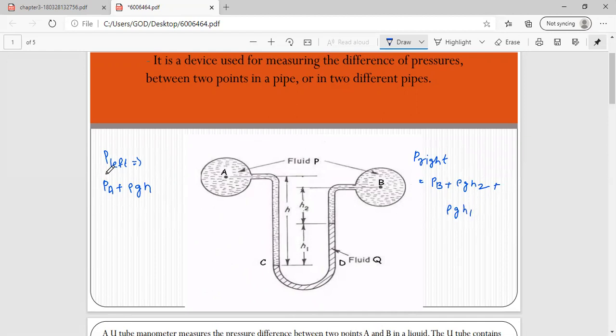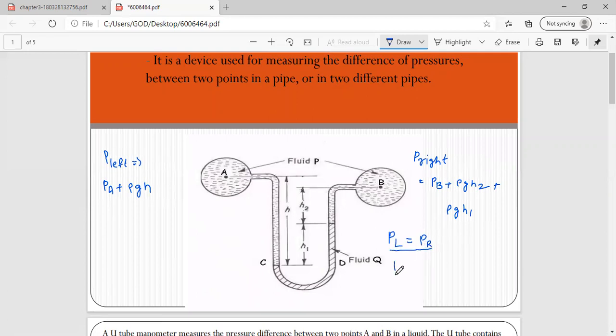If we equate the left limb and right limb, and you know the properties of the fluid and the height of the manometric fluid, then we will get the difference of pressures. So the pressure in the left limb is equal to the pressure in the right limb.